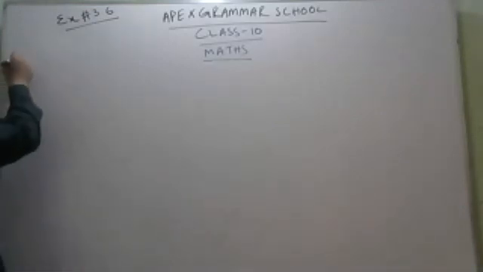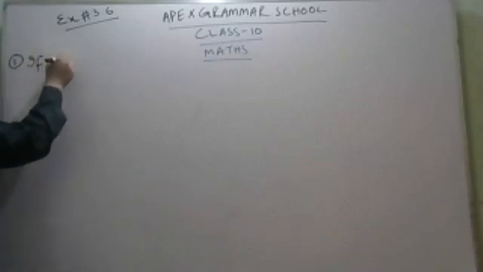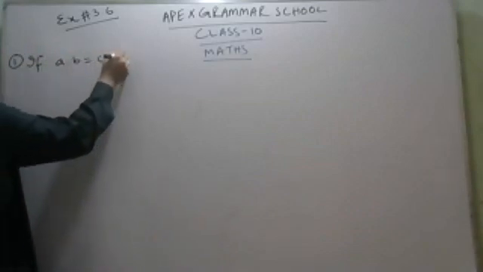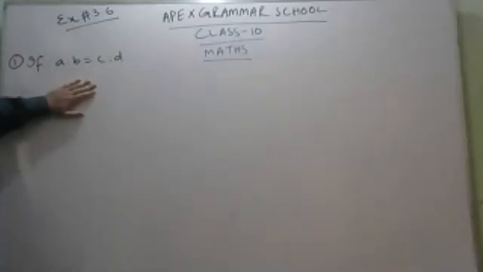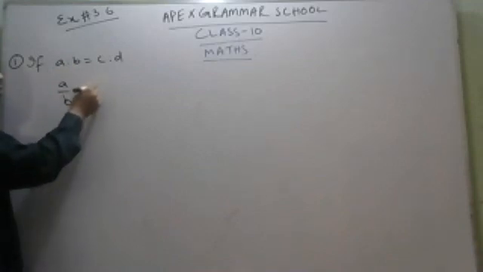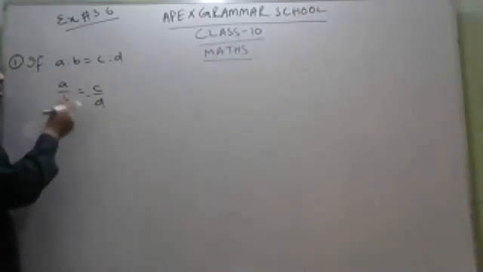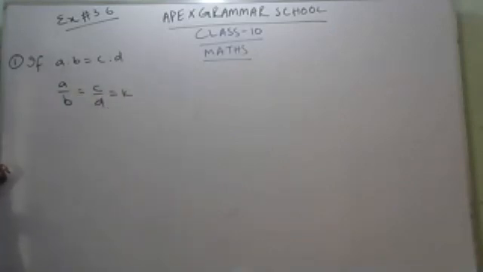Question number 1: if A ratio B is equal to C ratio D, then what will be its meaning? Its meaning is the same as I already told you: if A over B is equal to C over D, both answers will be equal to some constant, any constant number.